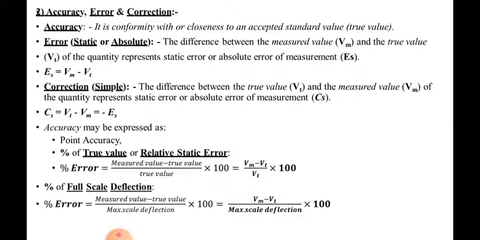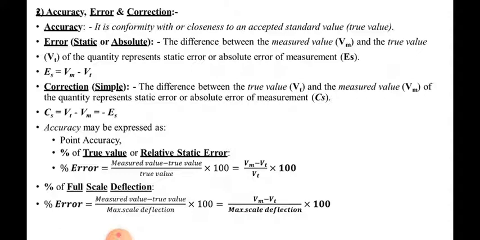Okay, the percentage of full scale deflection. In that case, the percentage error will be measured value minus true value upon maximum scale deflection. That maximum scale deflection means what?